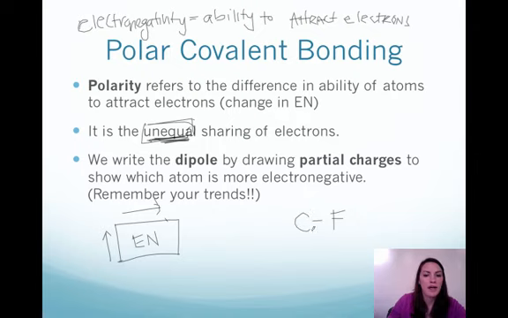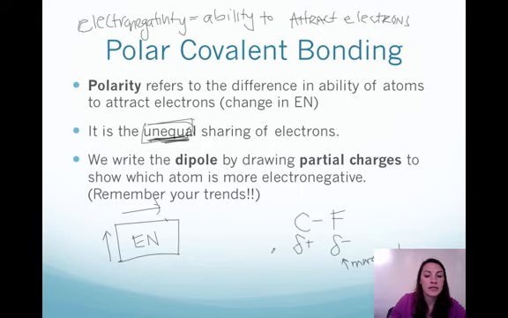Okay, this is a carbon and a fluorine. My carbon is going to be less electronegative. My fluorine is going to be more electronegative. So I draw this little partial charge. The sigma minus goes on the more electronegative. Okay. On the other one, I draw a sigma plus.